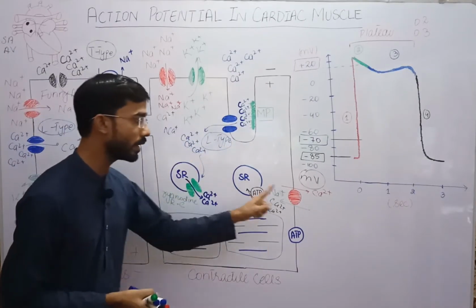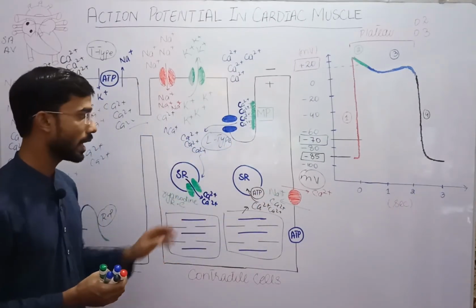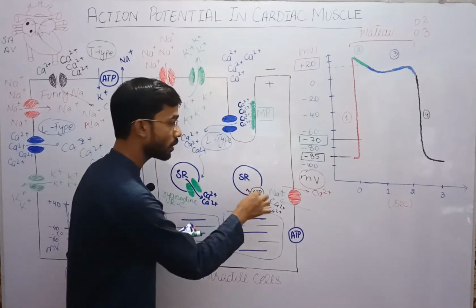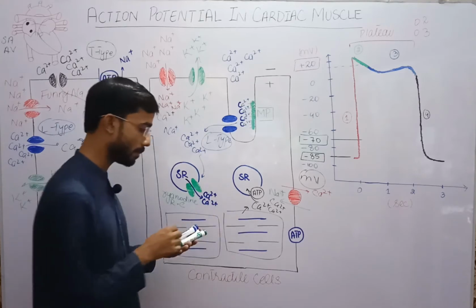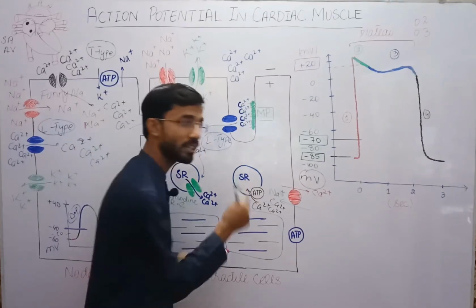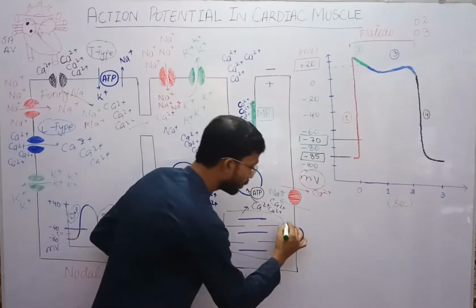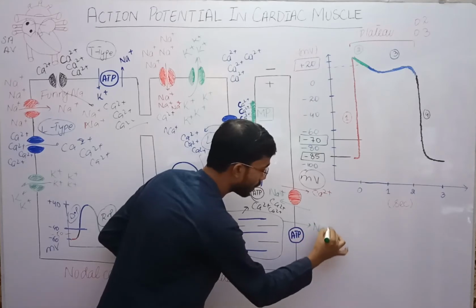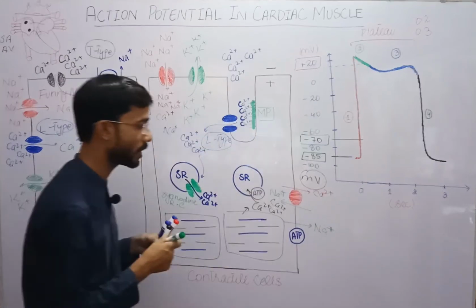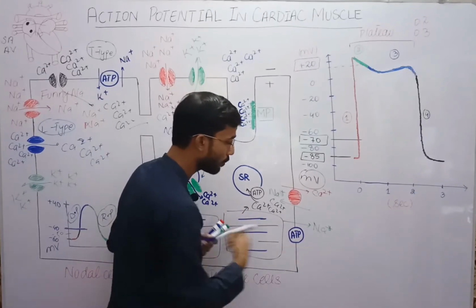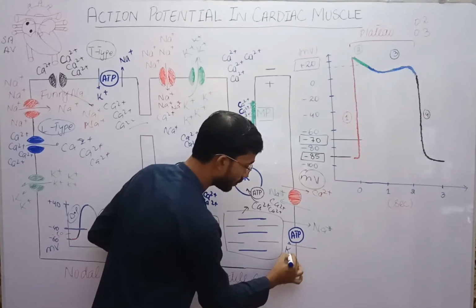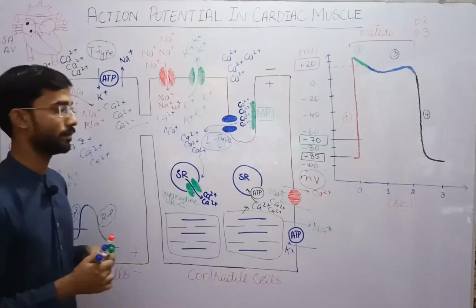Calcium moves outward and sodium moves inward. And now the sodium has to be removed by the ATP pump, and the sodium which entered the cell moves outward again with the sodium-potassium pump. Here you can see sodium moves outward and potassium moves inward.